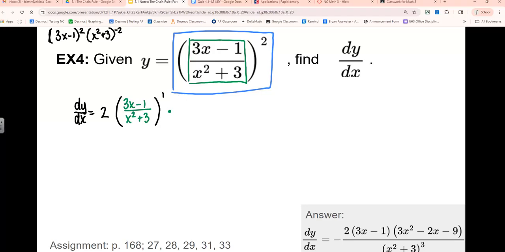Here's where you've got to have a quotient rule, right? So you do low d high minus high d low, all over low squared. So you're going to have low, which is x squared plus 3, times the derivative of the high, which is just 3, minus high, which is 3x minus 1, times the derivative of the low, which is 2x, all over x squared plus 3 squared.